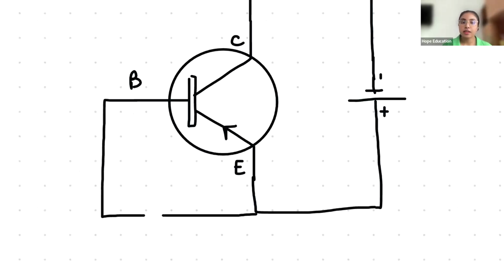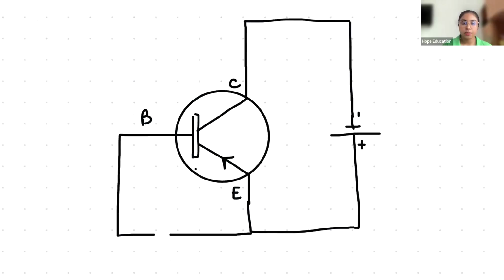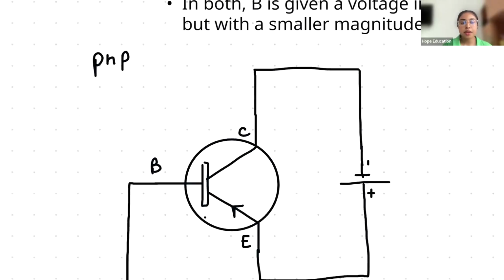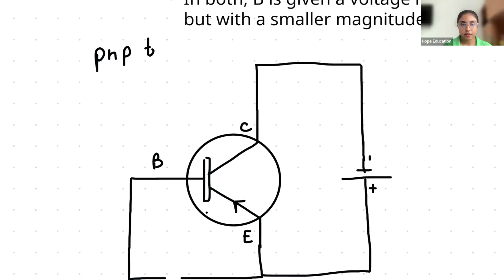Children, this is a PNP transistor, no. Is the emitter an N semiconductor or a P semiconductor? The emitter is a P semiconductor and the base is an N semiconductor.